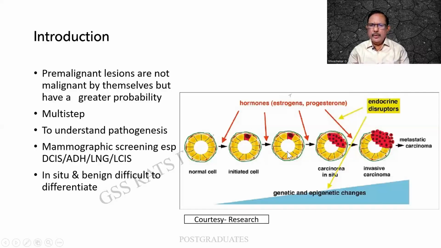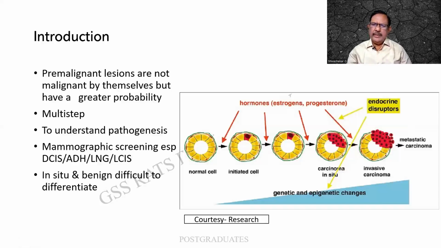This change continues, and then you find that there is a proliferation of the cells with all the qualities of a neoplasm. I will not delve into it too much. And finally, you find that there is a breach in the basement membrane. There is no smooth muscle as such, and then there is an invasion leading on to a metastasis later.